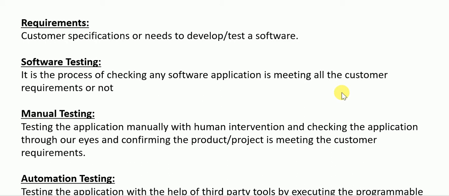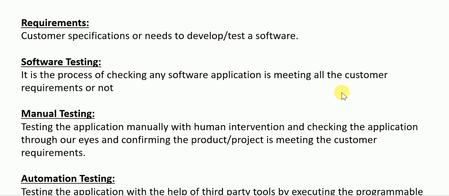The lift's functionality is to take people to a particular floor, going top to bottom, to every floor. That is automation. So in manual testing, everything you are doing manually, you are checking with your eyes and entering data manually.